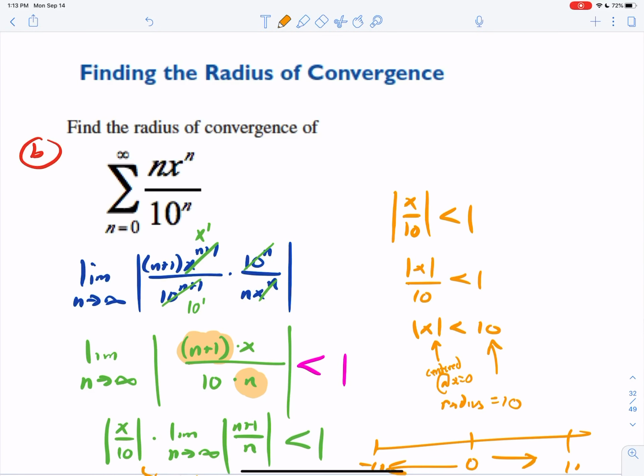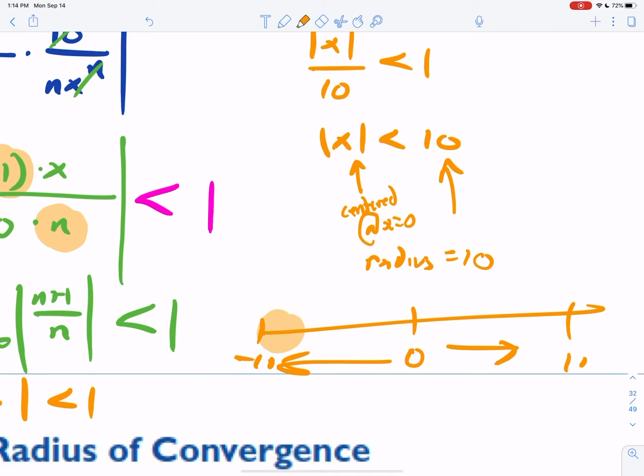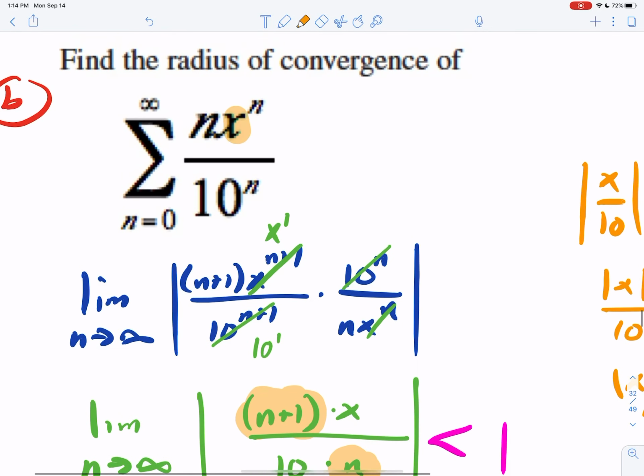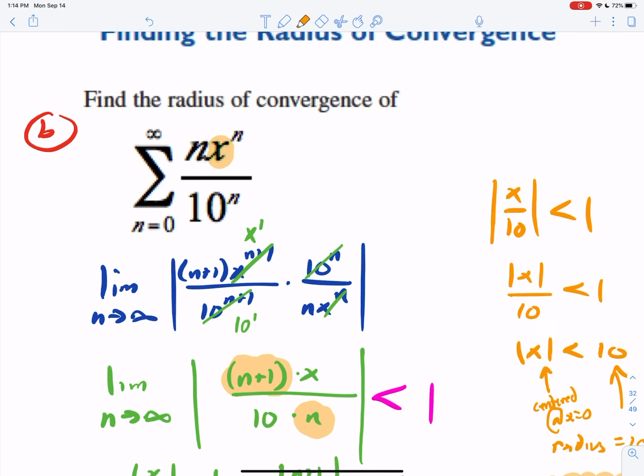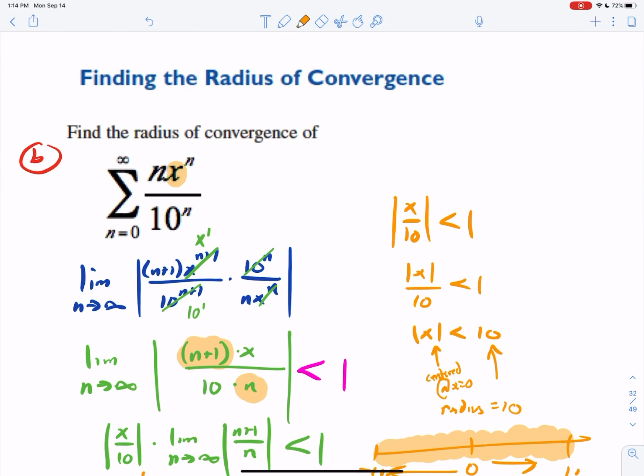What it means is if you choose any value within negative 10 and 10, and you plug it into the x value here, that series will always converge, all right? So this is different in that we're trying to find out all the values that work, whereas in the last few lessons, you were only looking at specific values to see if they work, all right? So it kind of speeds up the process.